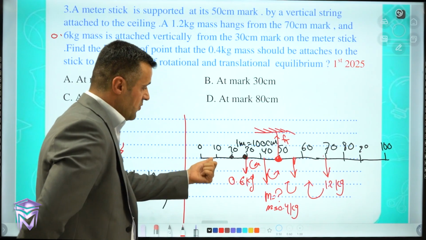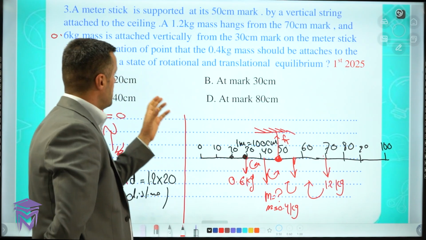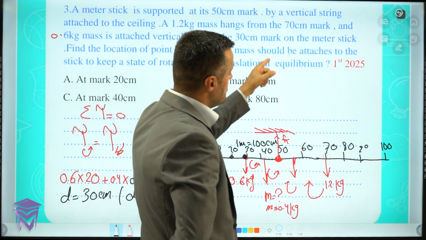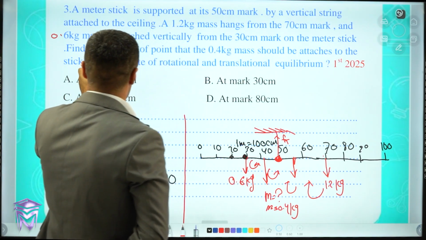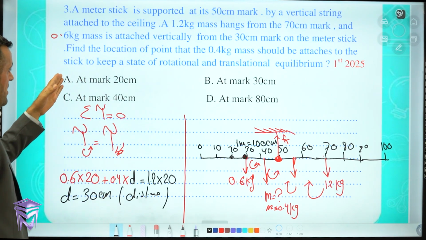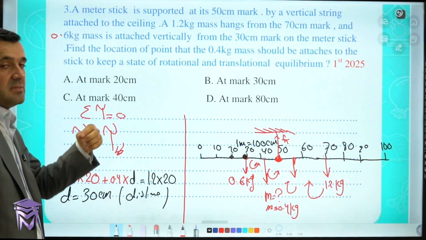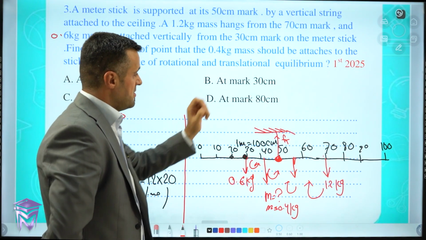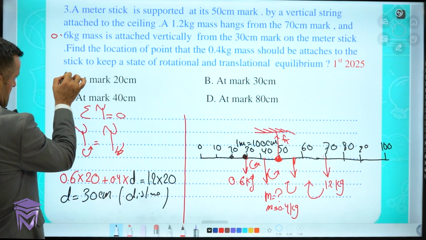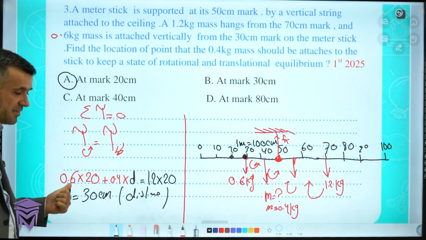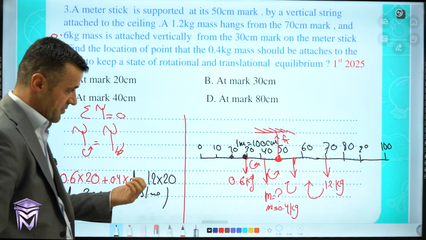But what is the mark? Because the question asks where the mass should be attached to keep translational equilibrium. The mark at 20 centimeter is different from the distance of 30 centimeter, but selection A is correct because the distance is 30 centimeter from the axis of rotation.